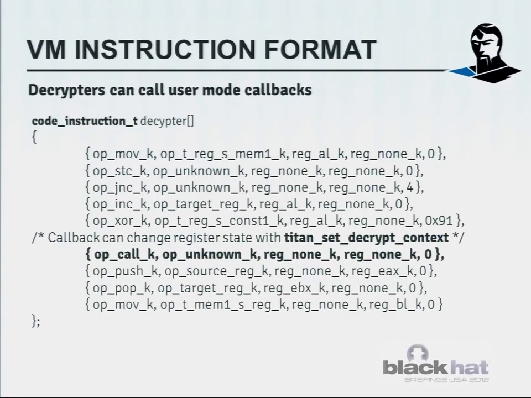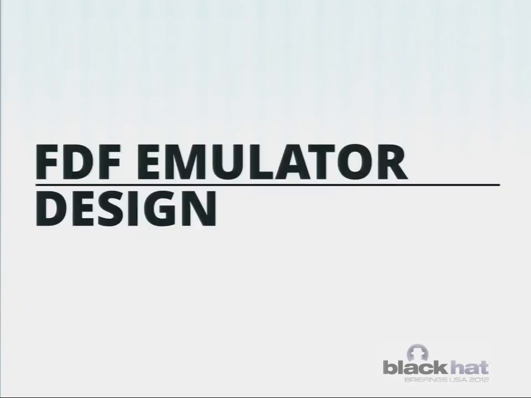If you want to communicate with the decryptor as decryption is going on, you can use the call instruction to call your predefined callback, from which you can change the register state, or manipulate the encrypted data itself. So you can communicate with this in multiple forms. You can also set a trap flag, which does what trap flags do: it calls your callback for every instruction which gets executed.